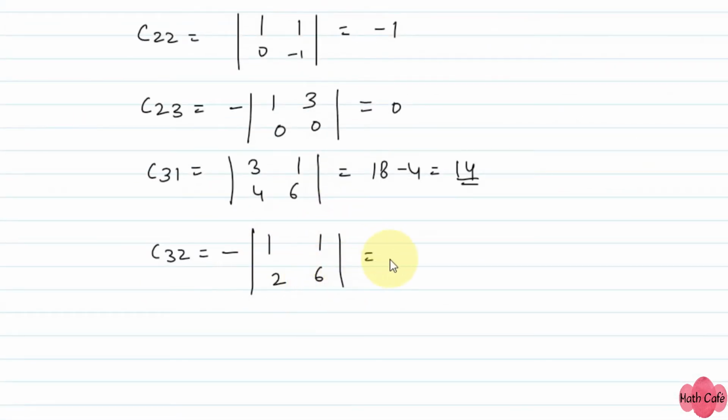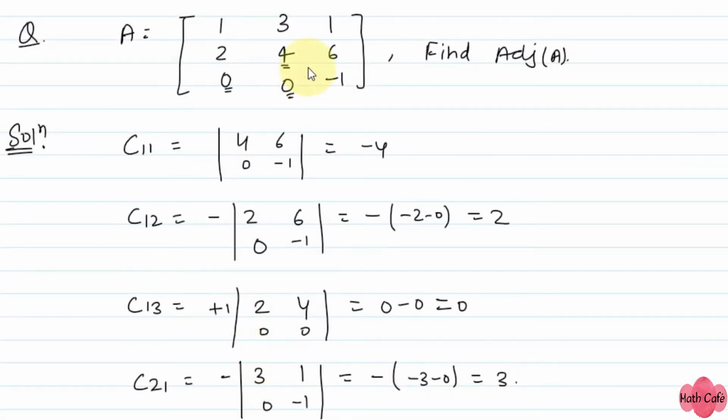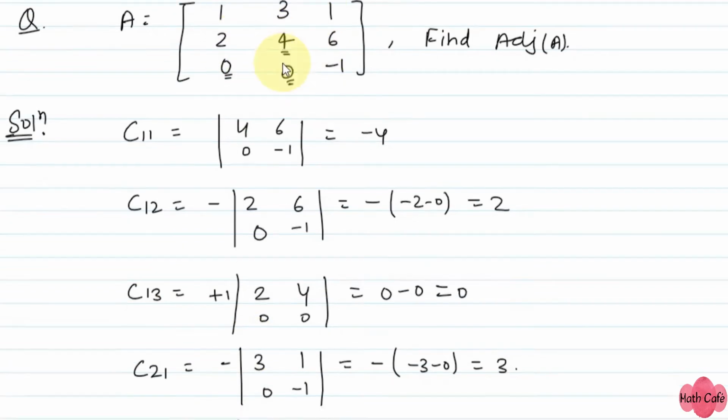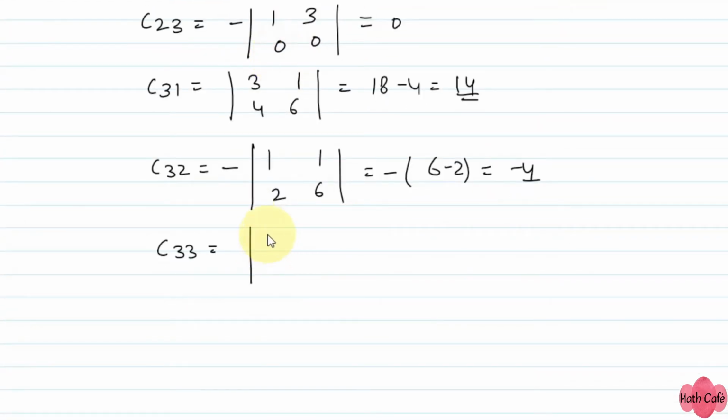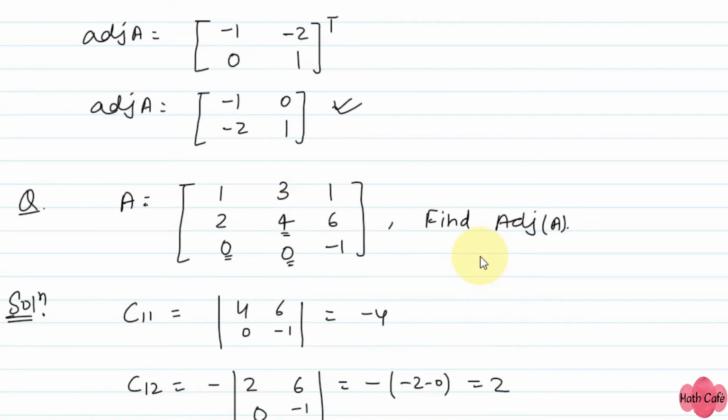So finally we will get the value of this as 6 minus 2, that is nothing but minus 4, and the final C33 is plus 1, 3, 2, 4. Alright, so this is nothing but 4 minus 6, which is equal to minus 2. Alright, so we have obtained all the values of cofactors corresponding to each element.